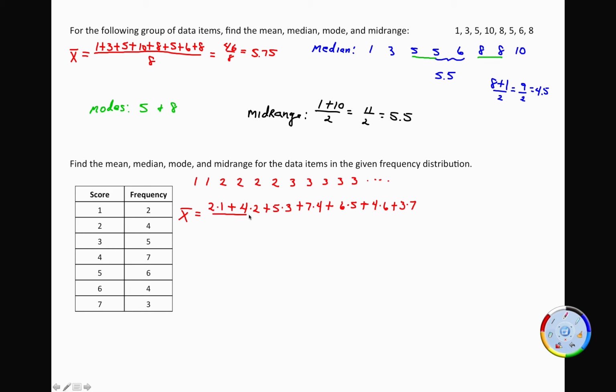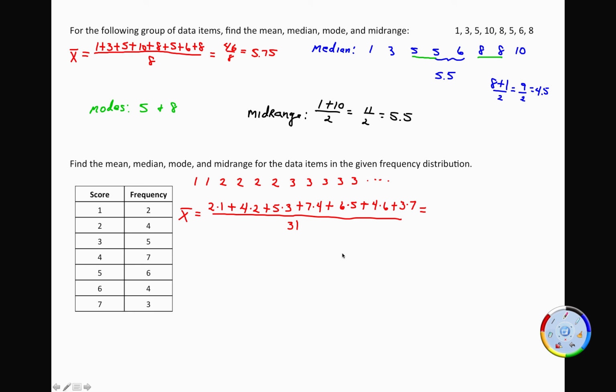And I'm going to divide by the total. Hopefully we would have a total down here as the bottom row of our frequency distribution. A lot of times this text does not do that. So let's total them up. Just add them up. Here's 10, 29, 31. So I'm going to divide by 31. I just added 3 plus 4 plus 6 plus 7, right? Added the frequencies to get the number of data items.